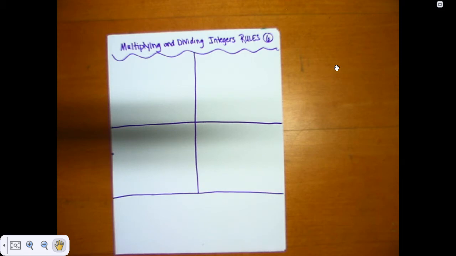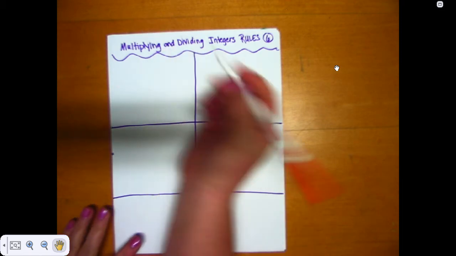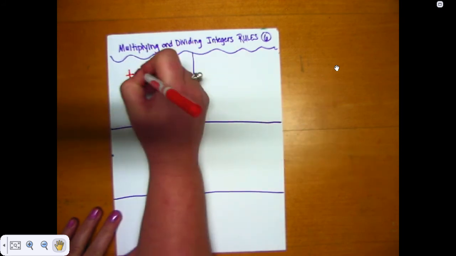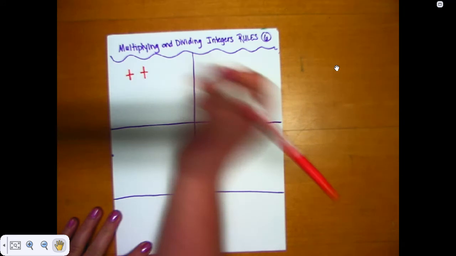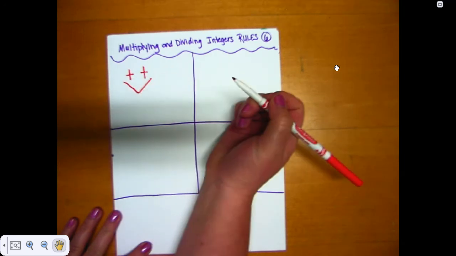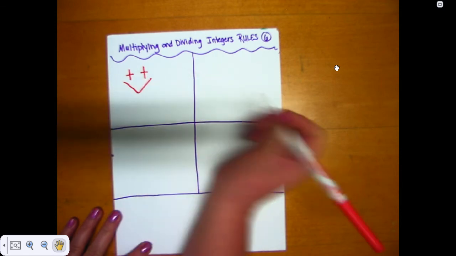If we multiply or divide a positive and a positive, we'll get a positive answer. So that's kind of like a smiley face. Let's explain that.